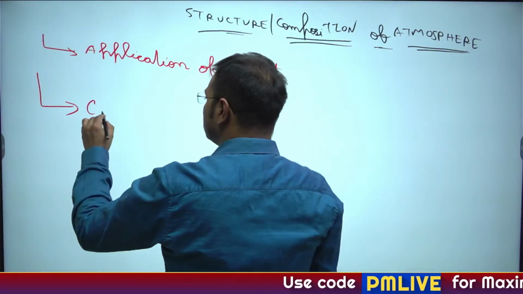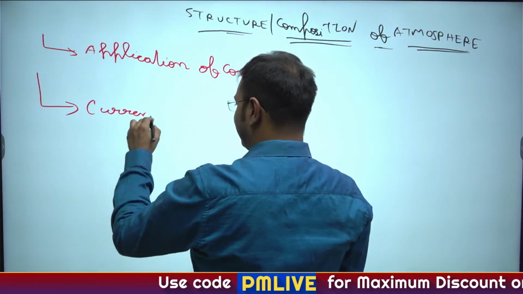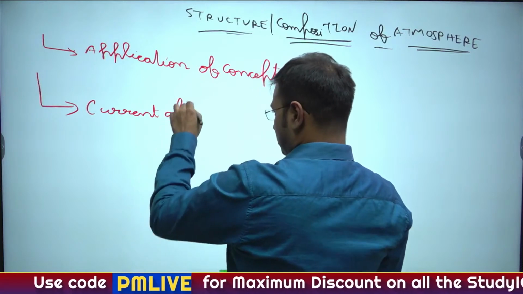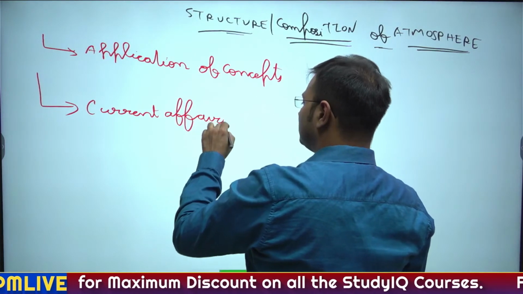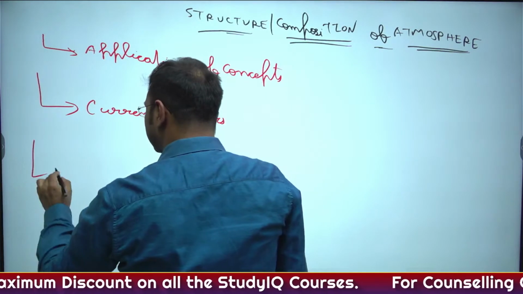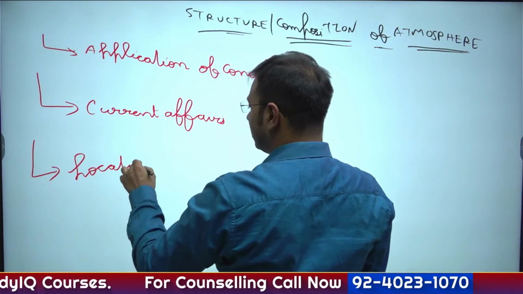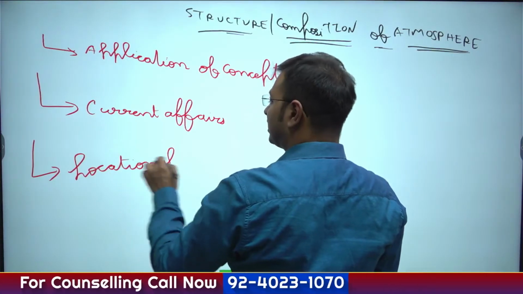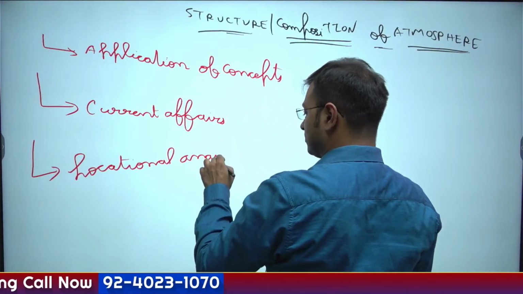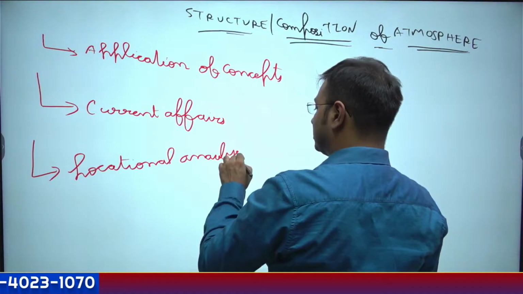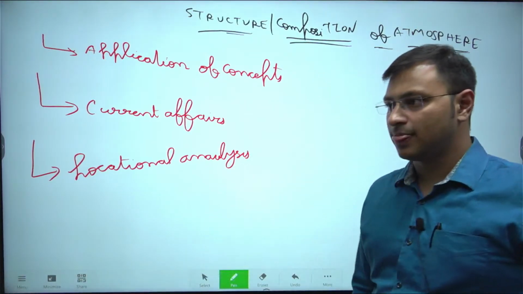Then we need to know the requisite current affairs. I will give you good examples as we take today's lecture. And last but not the least, we will try to understand the locational analysis too.